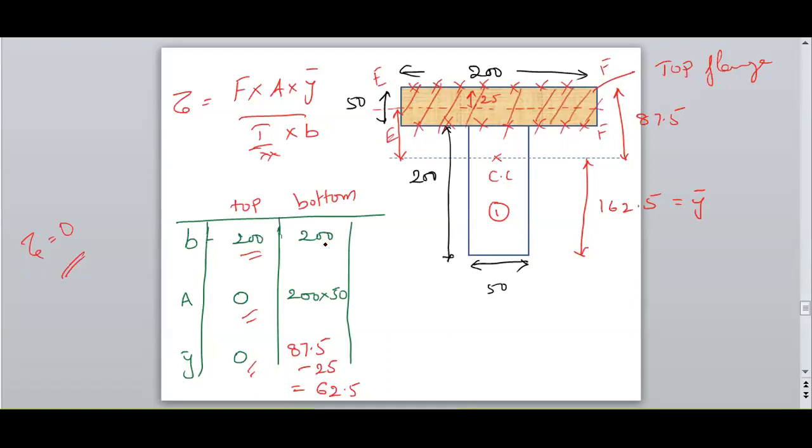The width will be the same, 200 only, and the shaded area is 200 into 50. And I need the y bar from the neutral axis.